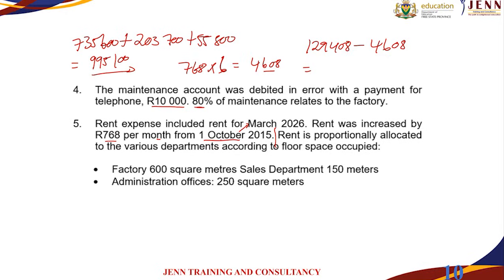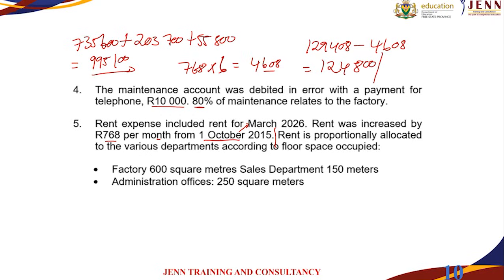Now let's see how much we are going to be left with. When we say 129,408 minus 4,608, it means we are left with 124,800.